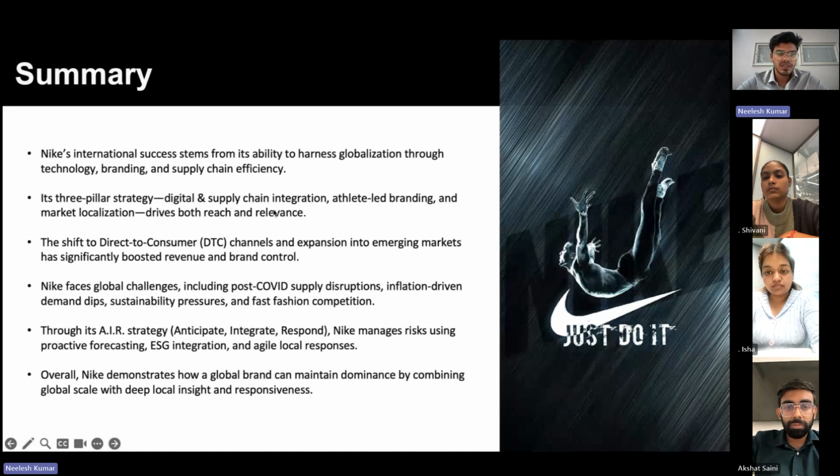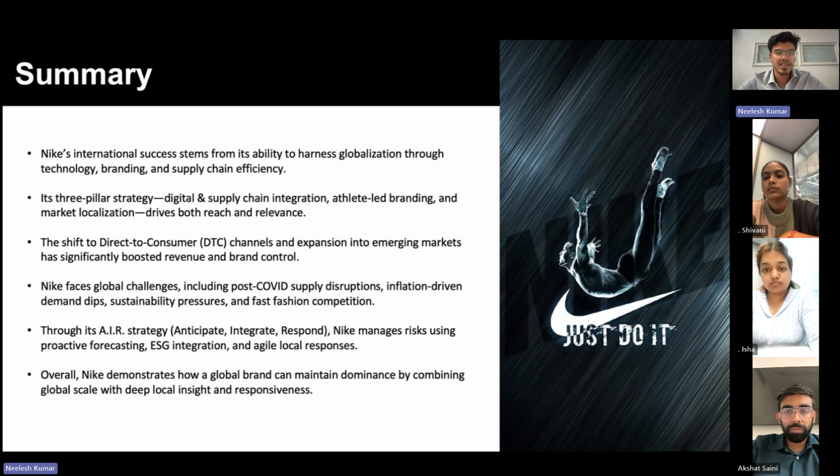Last but not least, this is the summary of the whole presentation. To sum up, Nike's global success is built on a well-structured internationalization strategy. We explored how the company leveraged digital integration, athlete-led branding, and local adaptation to maintain its leadership across diverse markets. Internationalization has led to strong DTC revenue growth and regional market expansion, especially in Asia Pacific.